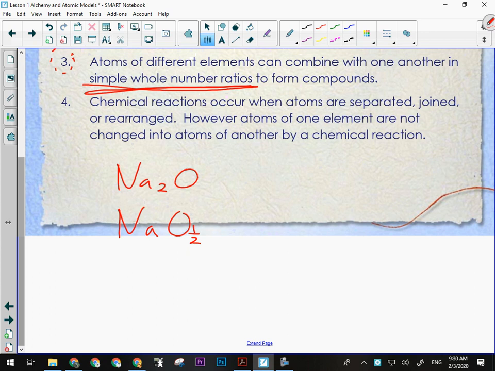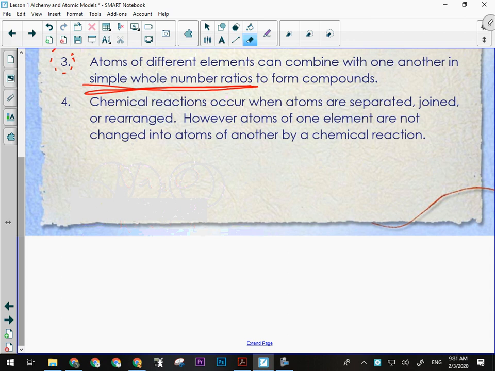We just said that atoms are indivisible. I can't have half an oxygen atom. That's not oxygen, it's beryllium, something else. I can't have half of something, so you never see something written like that. That's what Dalton's third point is talking about. When atoms combine, they always combine in whole numbers. They don't split apart and do something strange.